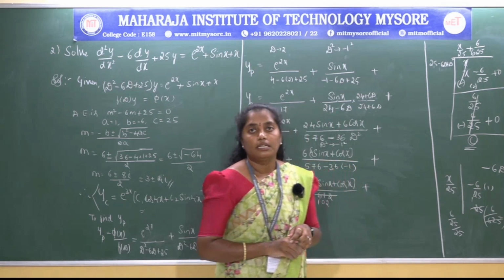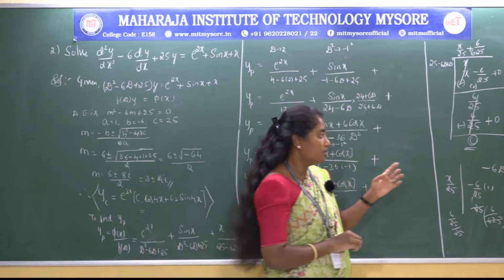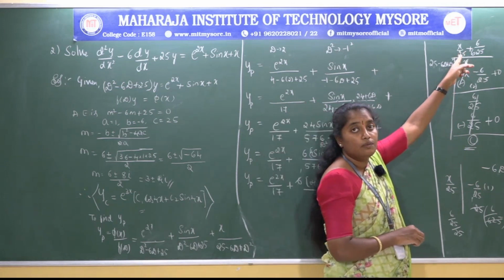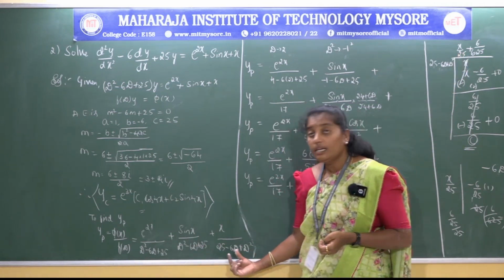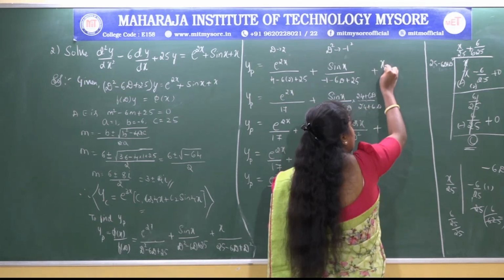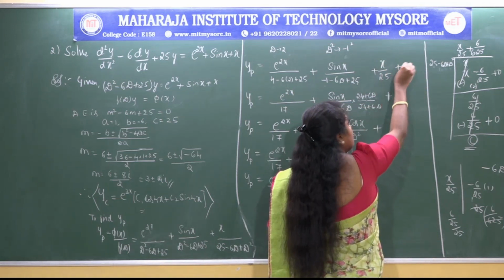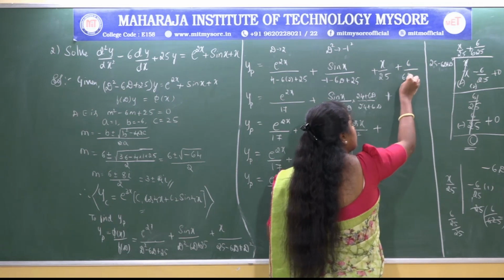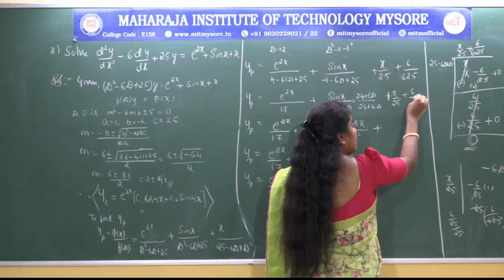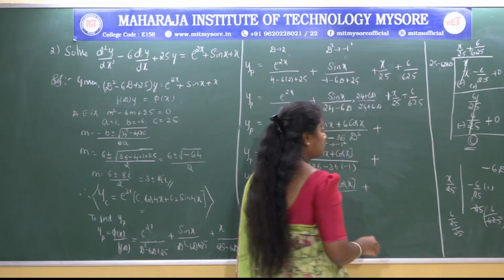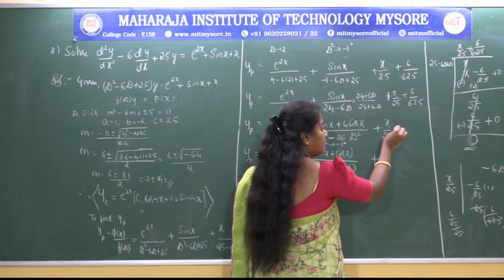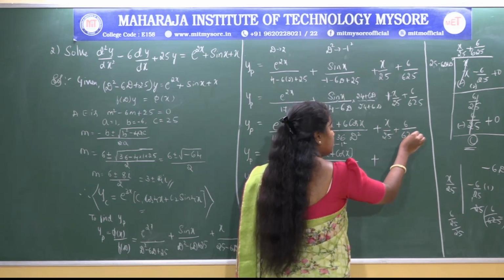We have to continue the division till we get a 0 remainder. We have 0 remainder here. Hence the resultant quotient will be the yp of the last term. What is the obtained quotient element here? x divided by 25 plus 6 divided by 625. So here for the last term I am writing the solution: x by 25 plus 6 by 625.